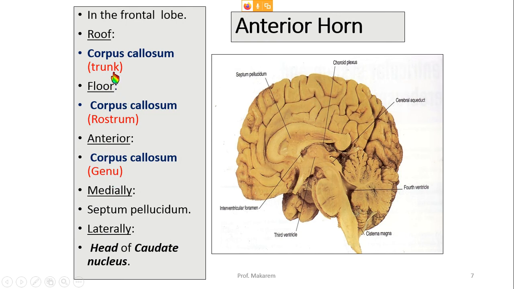The roof is formed by the trunk of the corpus callosum. The floor is formed by the rostrum of the corpus callosum. Anteriorly we can identify the genu of the corpus callosum, and medially we can identify the septum pellucidum.